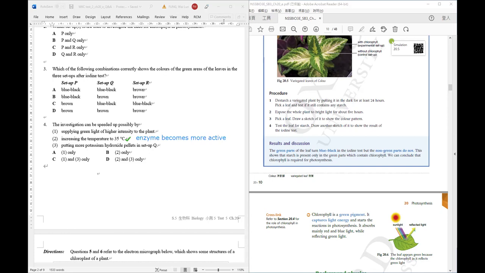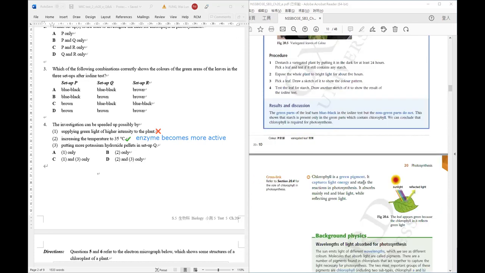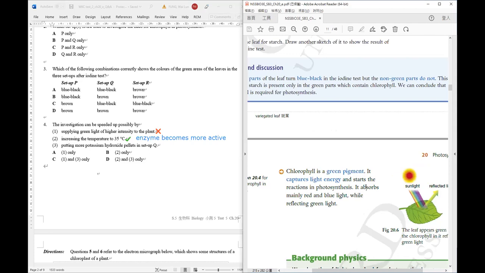Set up, option 1 is wrong. When you supply green light, it cannot be absorbed. All green light will be reflected.